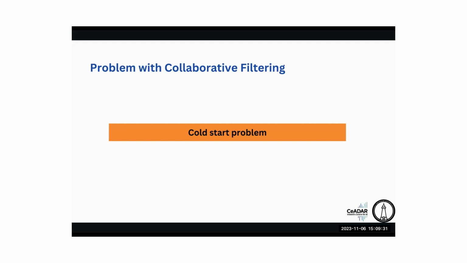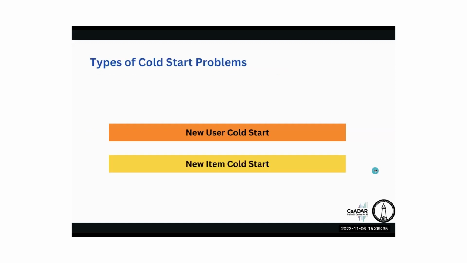That's called the cold start problem. In the cold start problem, there are two different types: a new user cold start problem and a new item cold start problem. As we earlier saw, with the difference between user-based filtering and item-based filtering, new user means there is not enough data about the users currently being used here. And similarly, there is the example of the item as well.